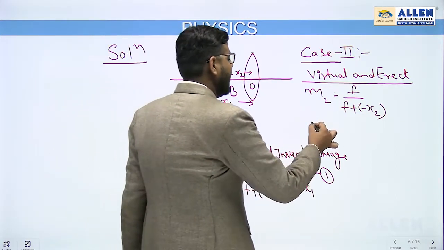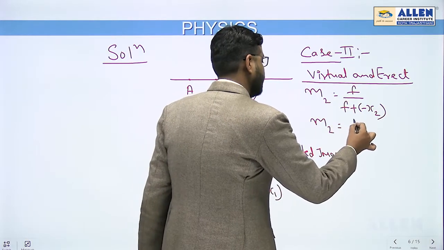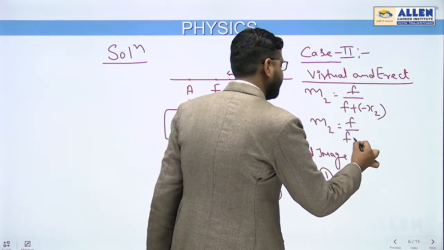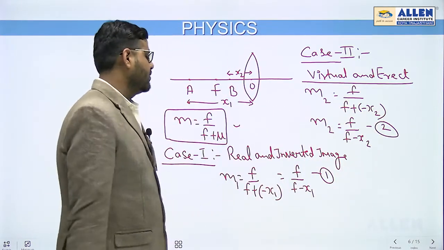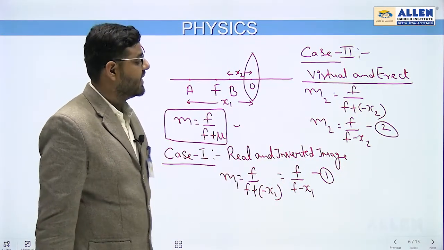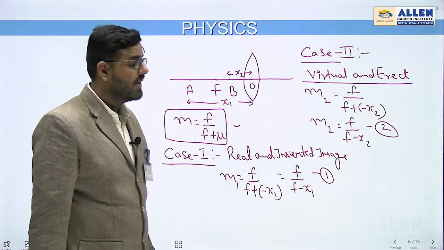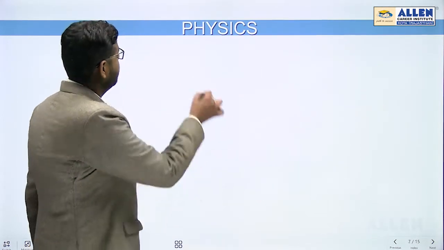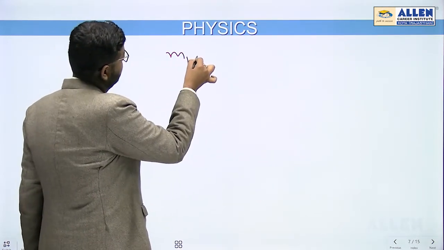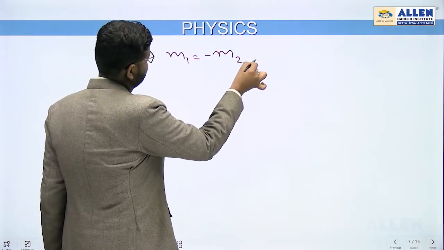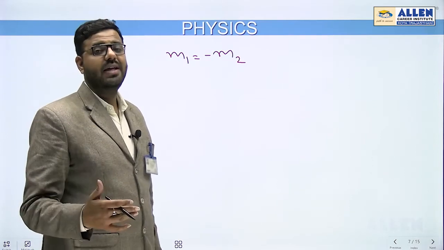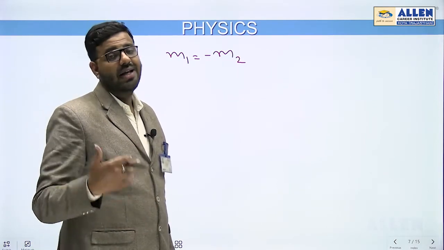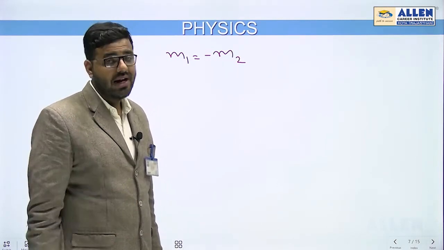So we can write m2 is equal to f by f minus x2, and let's say this is equation 2. So we got m1 equal to f by f minus x1 and m2 equal to f by f minus x2. Now according to the question, we can write m1 is equal to minus m2, since in one case the image is real and inverted, and in the other case the image is virtual and erect.